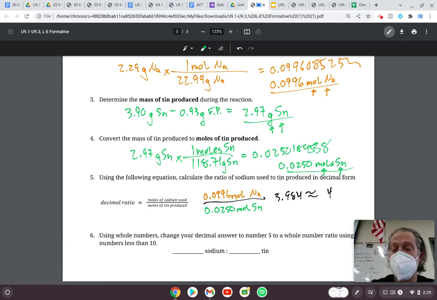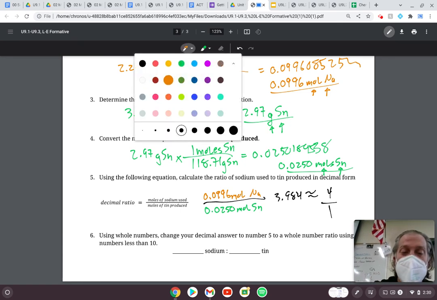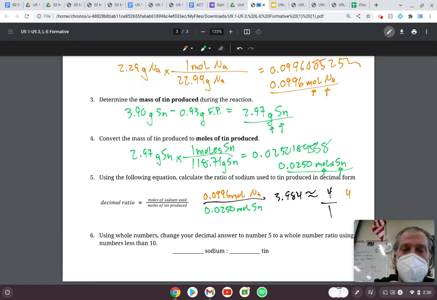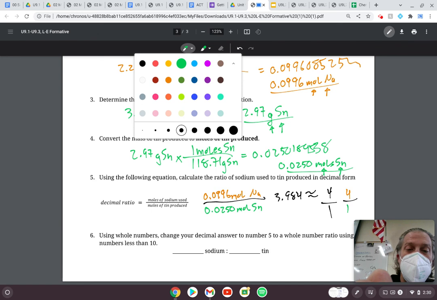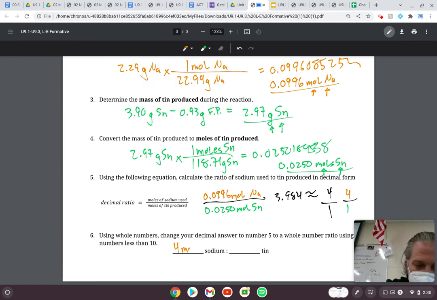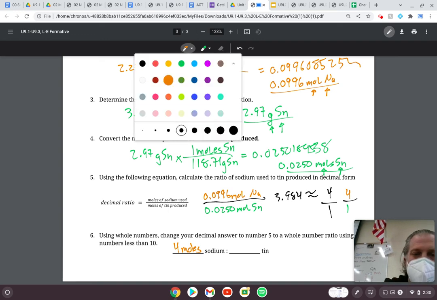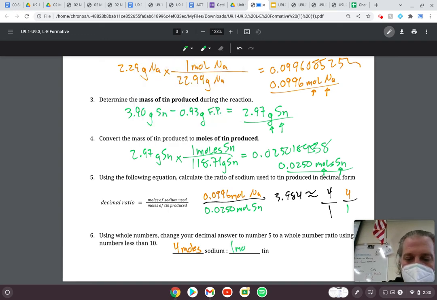And the fraction here is 4 over 1. So what that means is that the ratio of sodium to tin in this case is 4 moles of sodium for every 1 mole of tin.